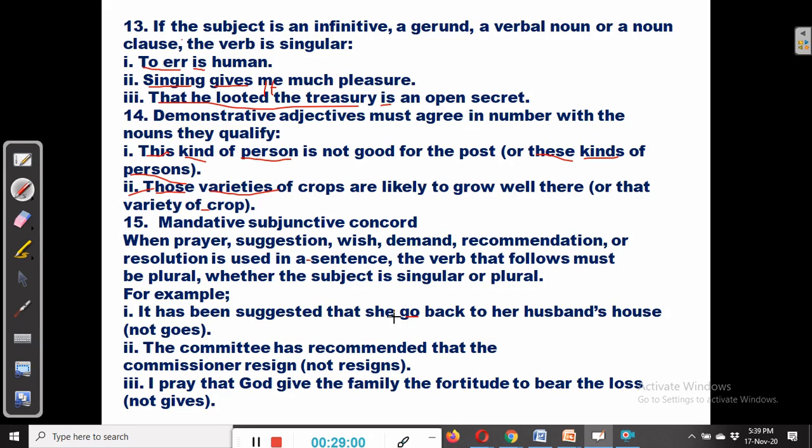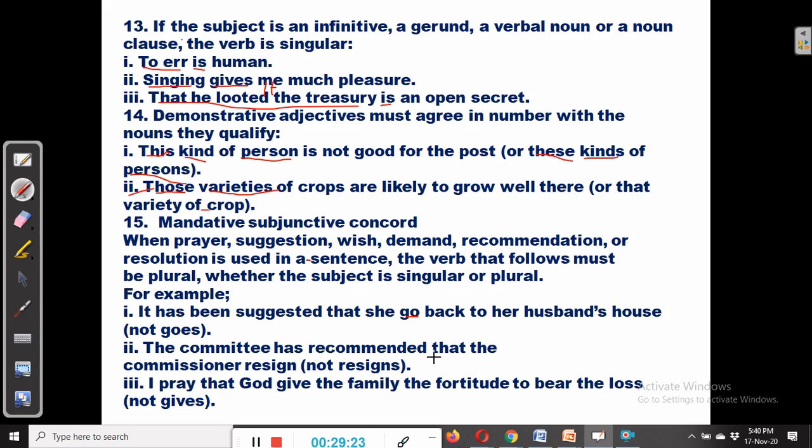So when a suggestion is expressed, of course, that's what we call a subjunctive concord. The second one, the committee has recommended that the commissioner resign, not that the commissioner resigns. All right?